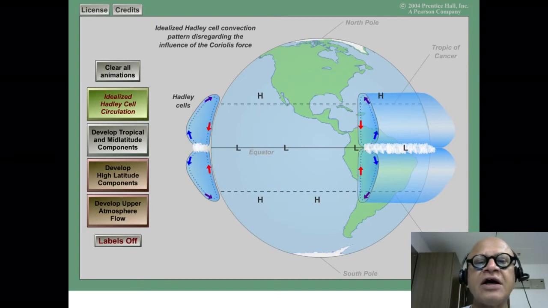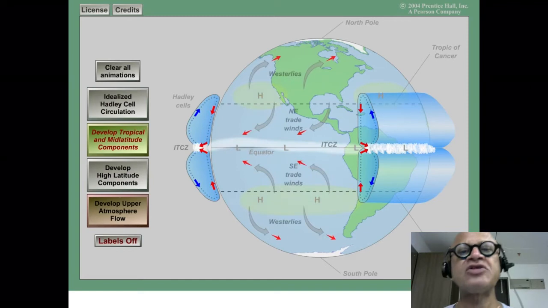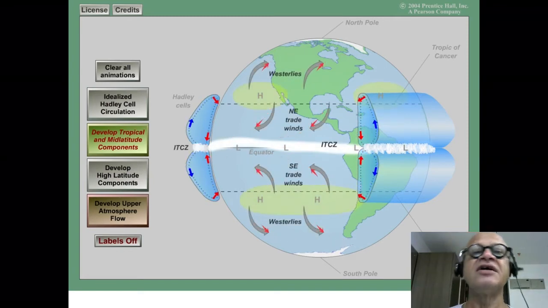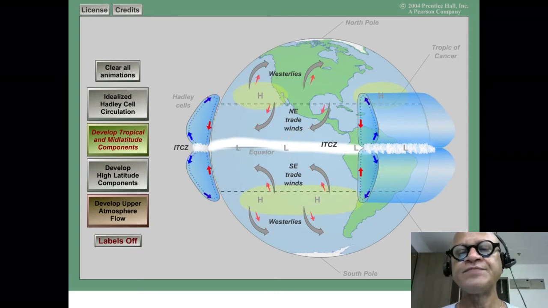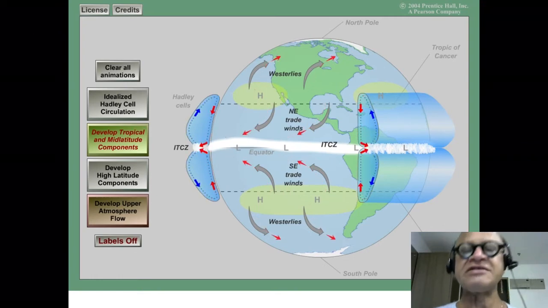Now let's add the tropical and mid-latitude components of the winds to this. So you have the northeasterly trades and the southeasterly trades converging into this low pressure. It looks a little bit asymmetric here, even though I said it should be idealized and symmetric.